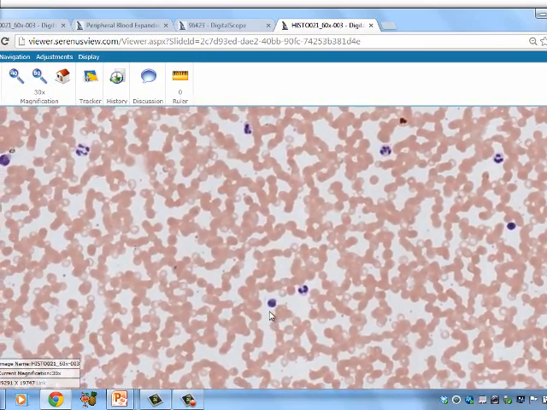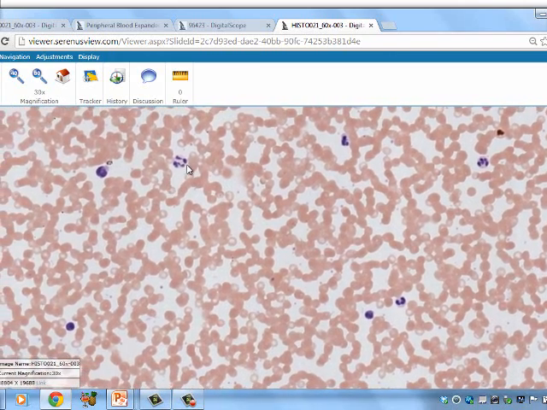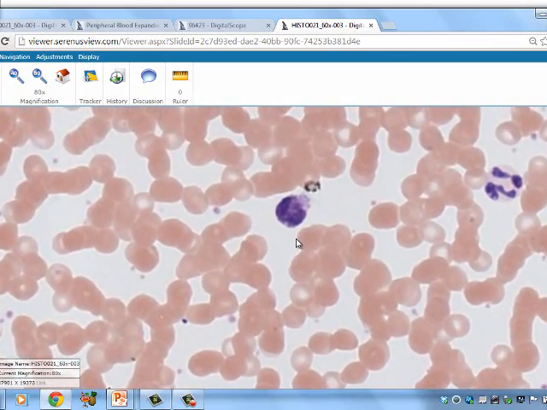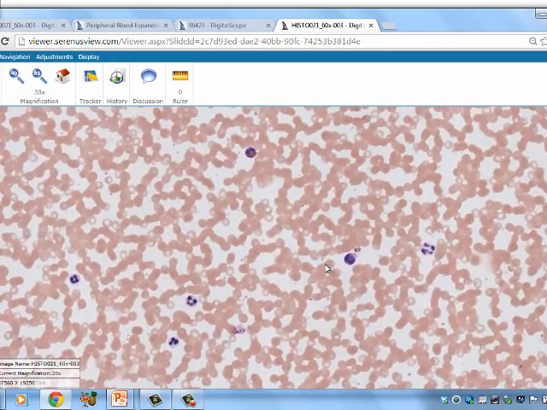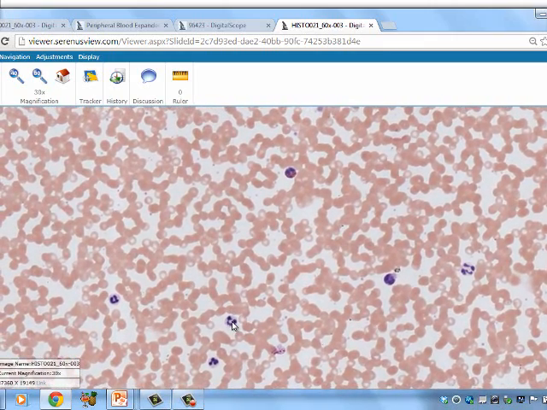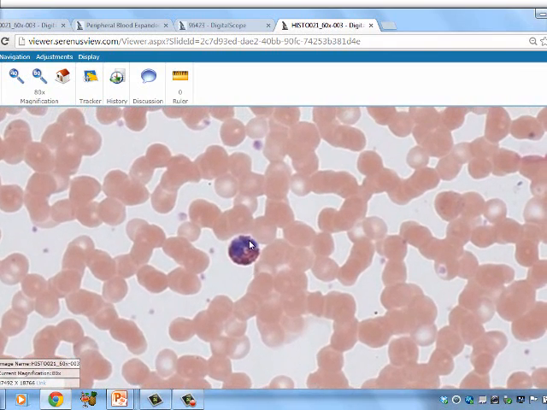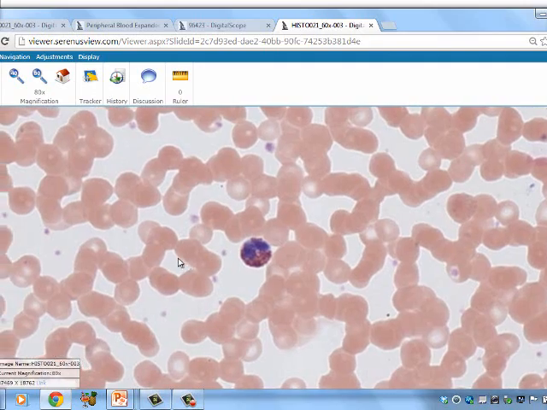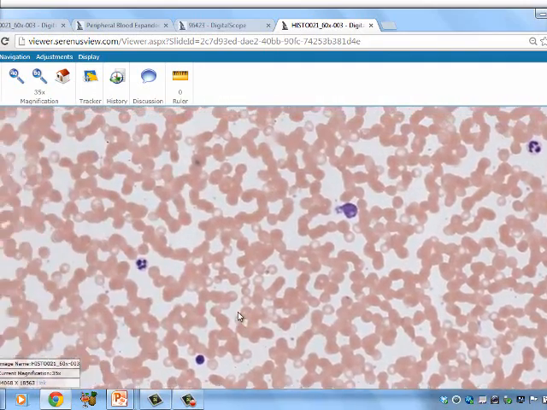And so here we can see a lymphocyte, neutrophil, neutrophil, neutrophil, lymphocyte, neutrophil, neutrophil, and then there's another one of these funny shaped cells which is probably a basophil, a neutrophil, neutrophil, neutrophil, and here's a different cell. This is an eosinophil. So platelets, red blood cells, the different cells that we see, but we see a lot of pink cells.